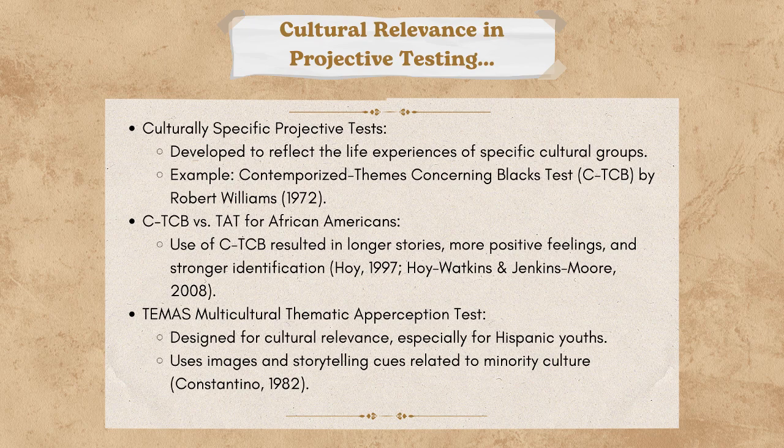The updated version of the instrument is the Contemporized Themes Concerning Blacks test, CTCB, Williams, 1972. The CTCB contains 20 color images that show scenes of African American lifestyles.